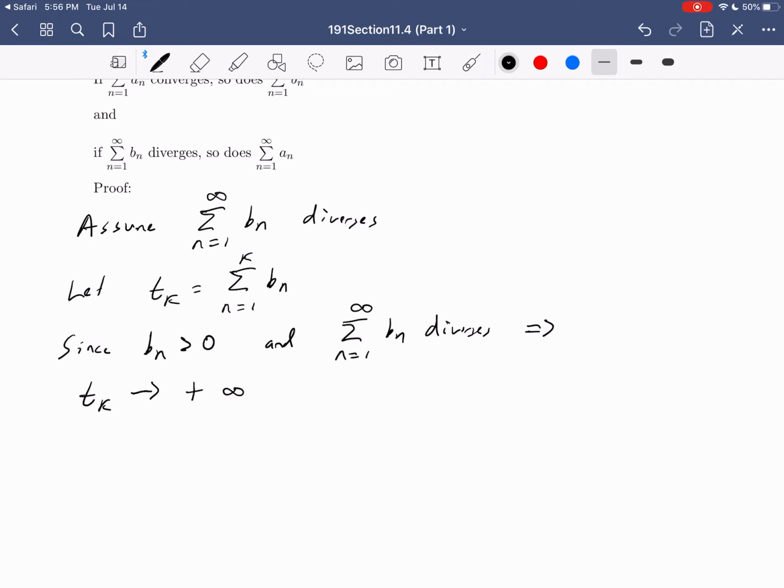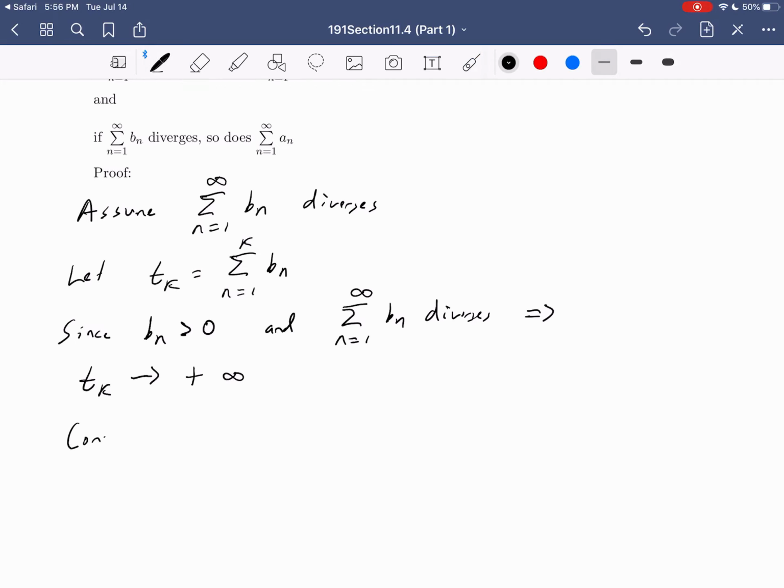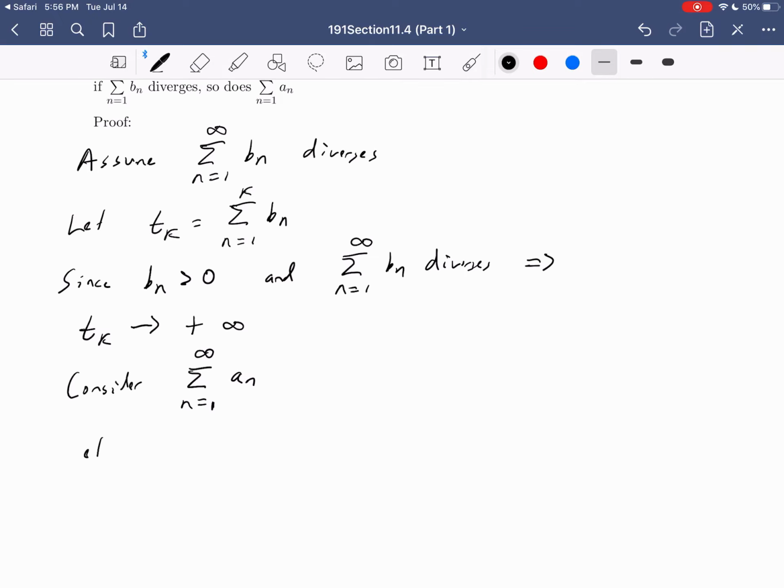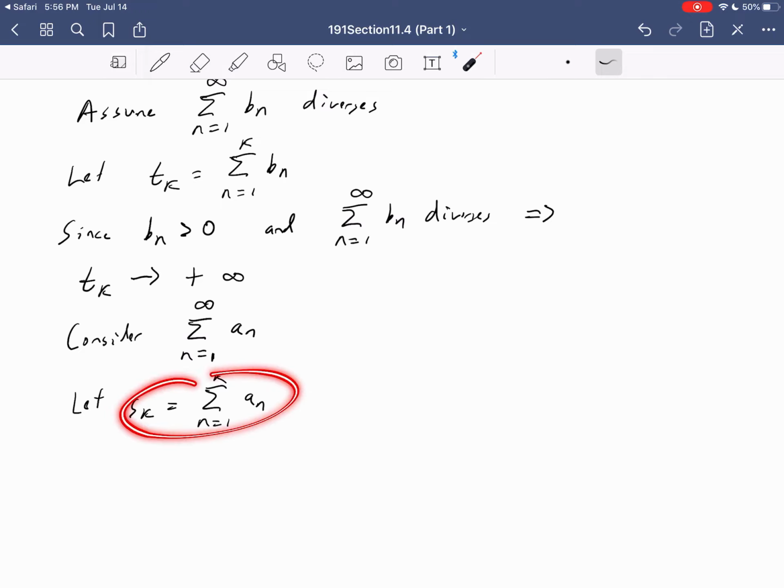Now, if we consider what we're actually trying to analyze, the sum from n equals 1 to infinity of A sub n, let's go ahead and let S sub k be the partial sums there. Of course, these partial sums are always larger than this.